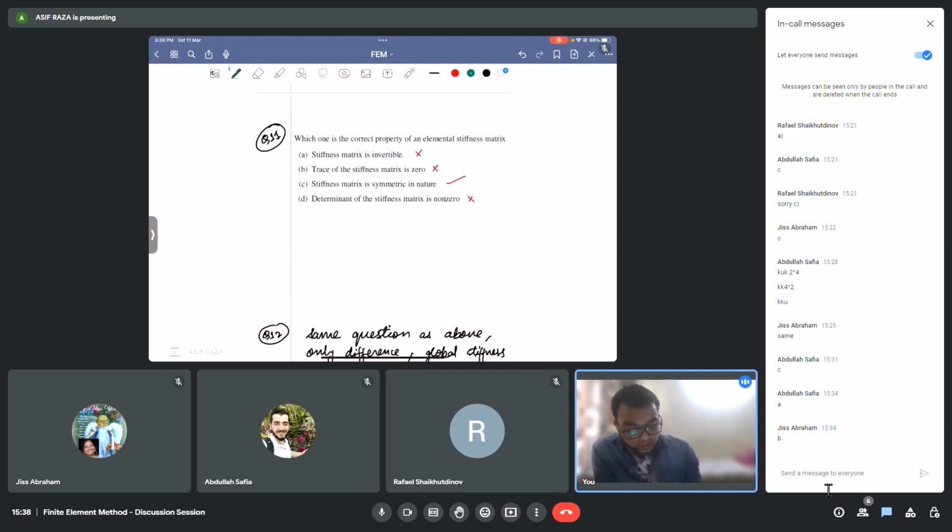For this, I have a matrix with 1, minus 1, minus 1, 1, and one with 1, minus 1, something like this. Would it make any change?